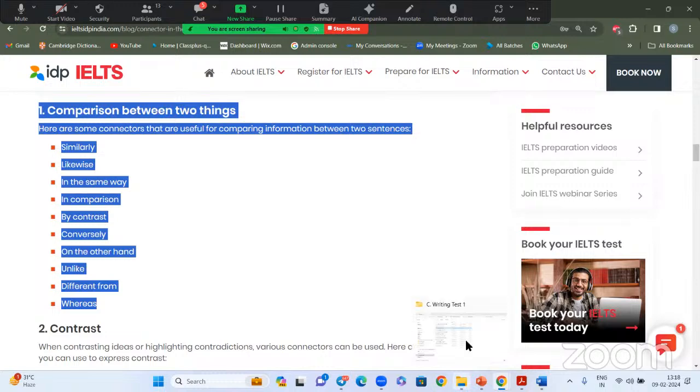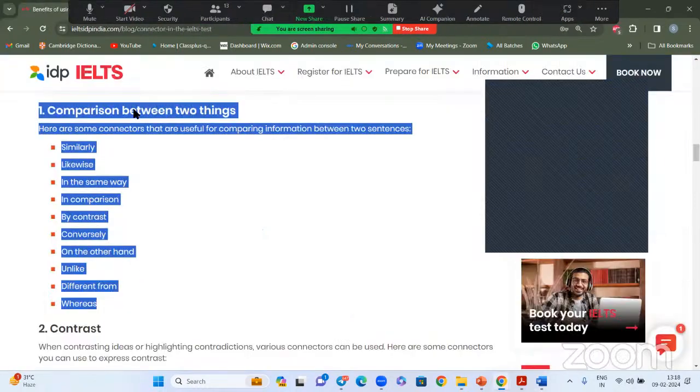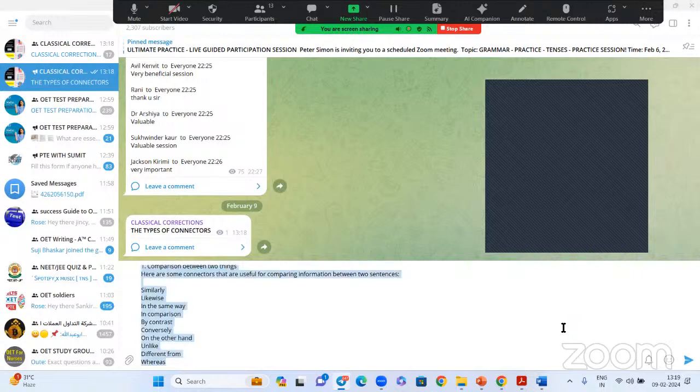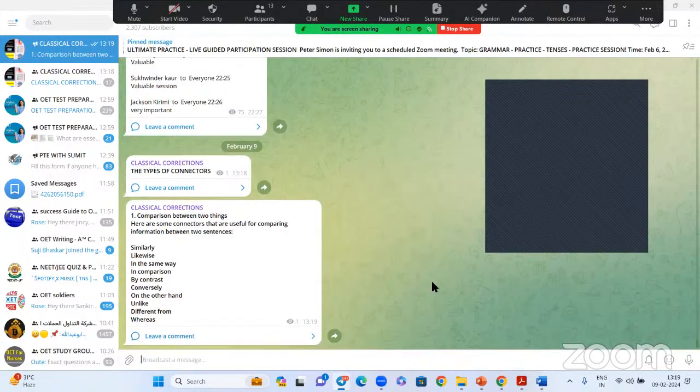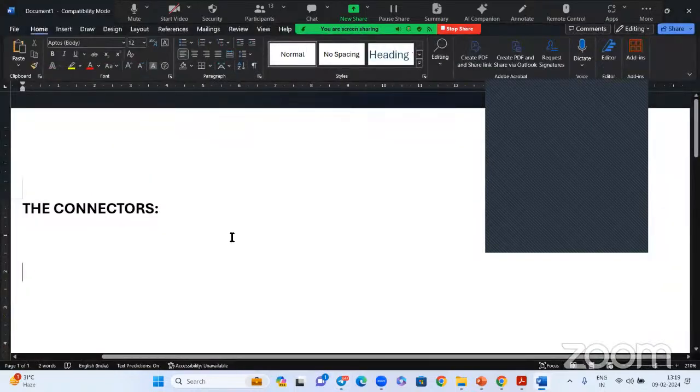This is the first type of connectors: comparison between two things.